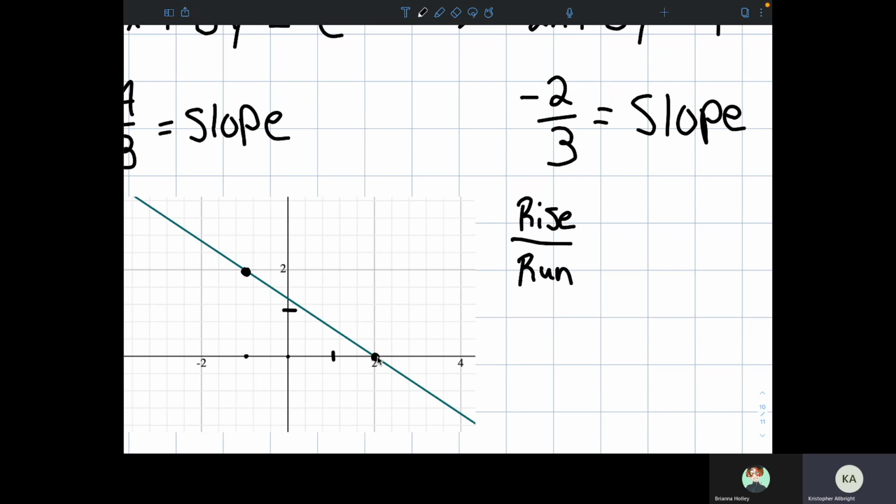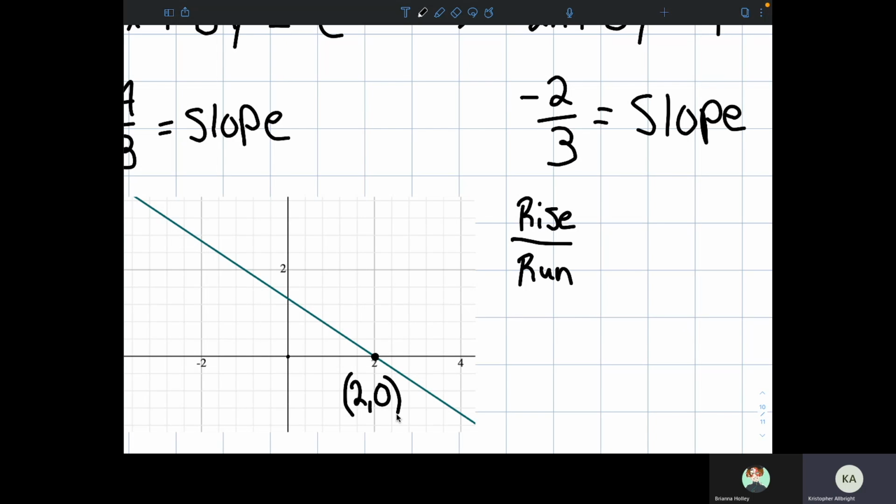Now we need to find our x and our y intercepts. So for our x-intercept, we have this guy right here. It crosses the x-axis right here, which looks to me like 2, 0. Just guessing there.